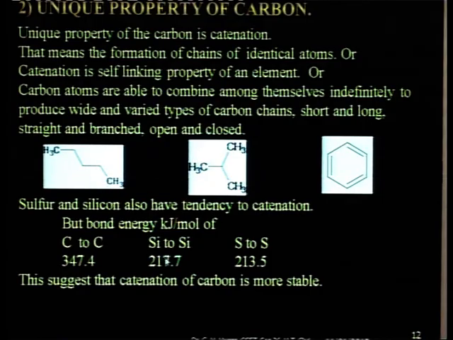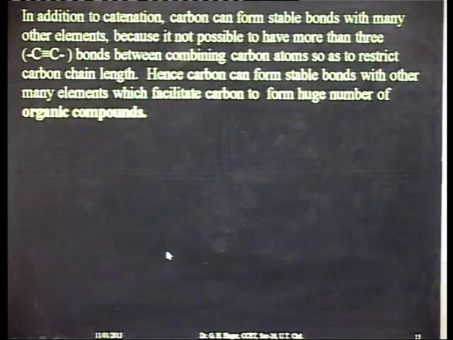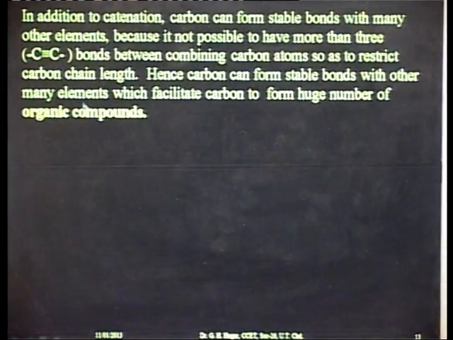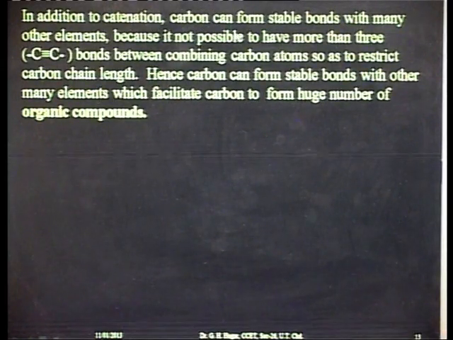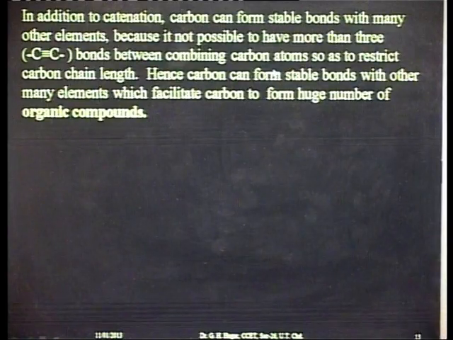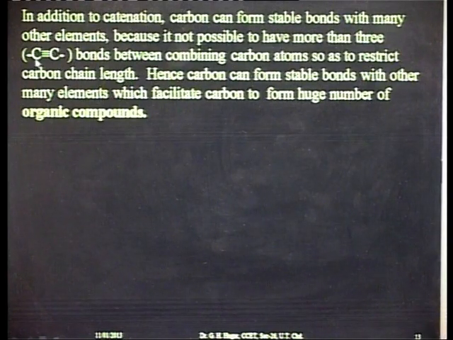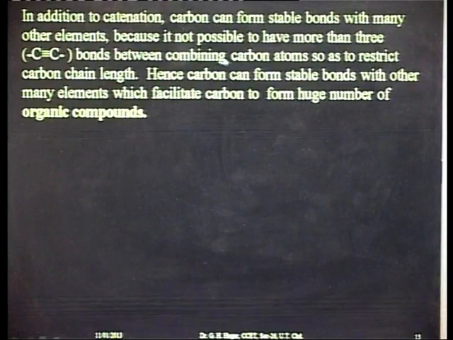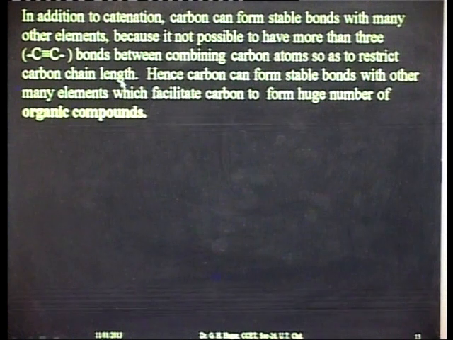That is one reason why carbon compounds are so huge in number. In addition to catenation, carbon can form stable bonds with many other elements, because it is not possible to have more than 3 bonds between carbon atoms, which restricts the carbon chain length.